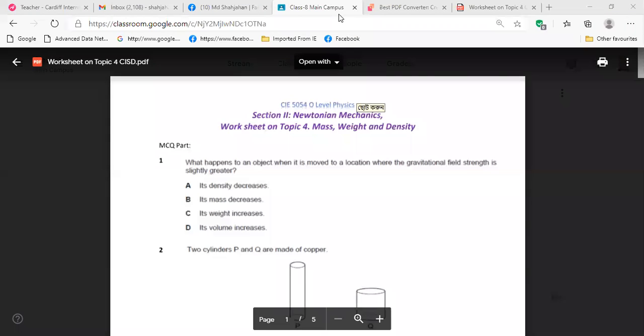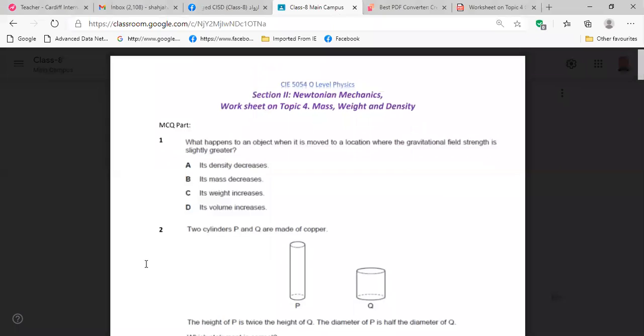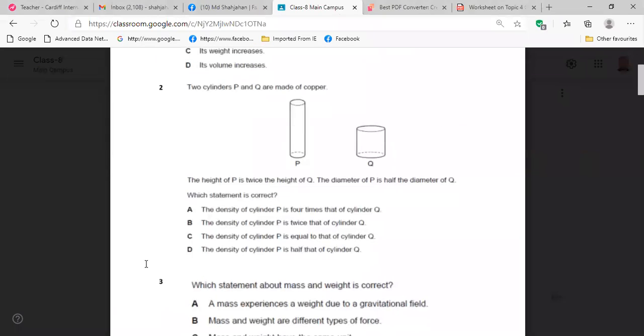And volume also, what is the formula of volume? Length, breadth, height, right? So there we don't get any gravitational field strength, so we can ignore it from our answer. Now, question number 2, Mithila, continue this.